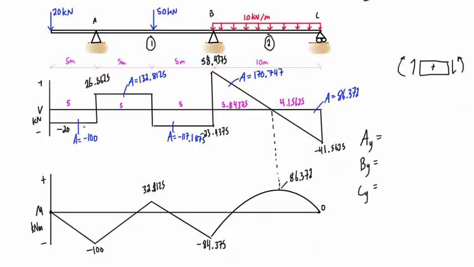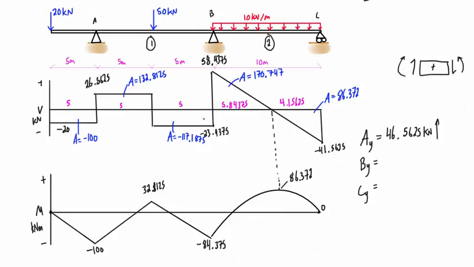So if we have the magnitude here, 20 plus 26.5625, the sum of those two is actually going to be the magnitude of the reaction at A. So that is just going to be 46.5625 kilonewtons. And because the graph is jumping up as we go left to right, that indicates that it is oriented upwards, and that kind of makes sense. That's what we would kind of expect when we're looking at this graph anyways, or the loaded structure.